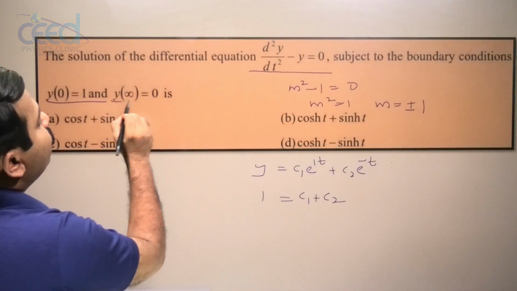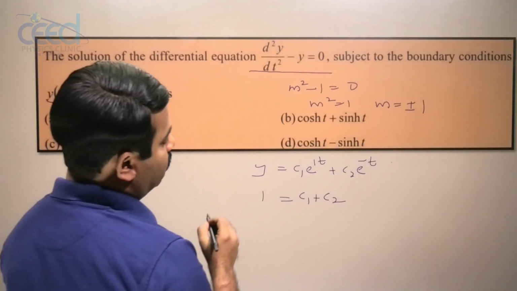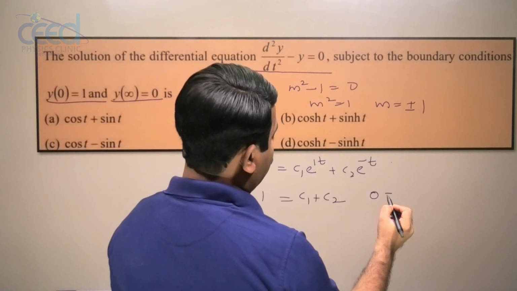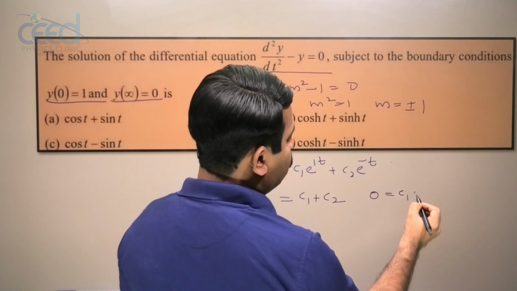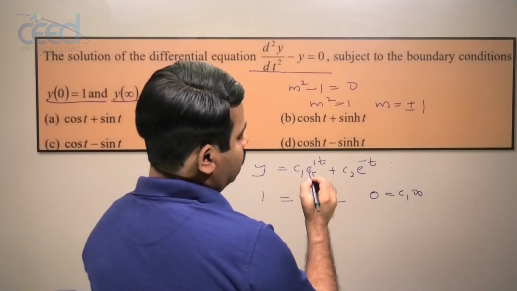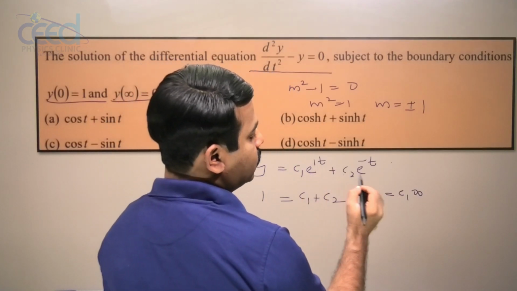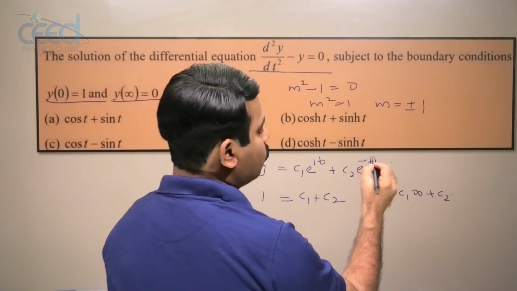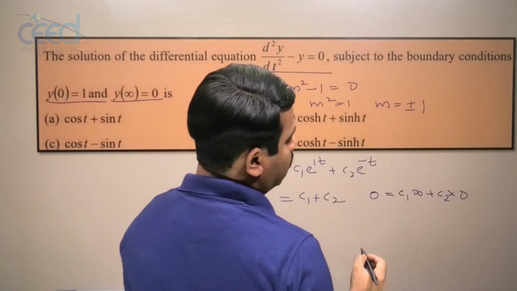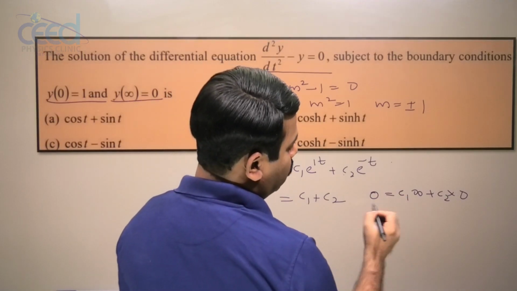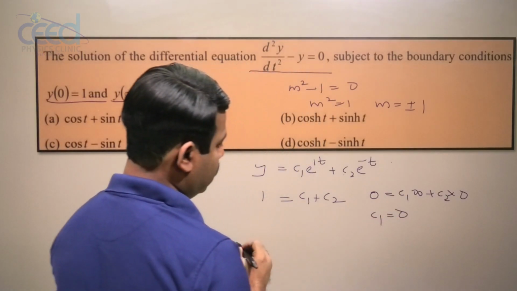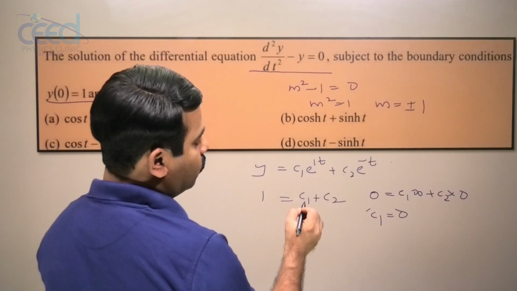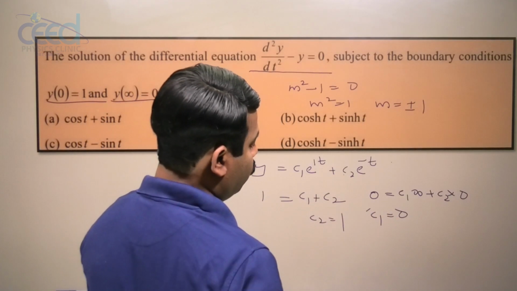Now y of infinity is 0, right? y of infinity 0 means y is equal to 0, put here c1 into e raised to infinity, which is infinity, c2 into e raised to minus infinity is 0, right? Then c1 is equal to 0 by infinity, so c1 is 0. c1 is 0 means here you put c1 0, that means c2 is equal to 1.